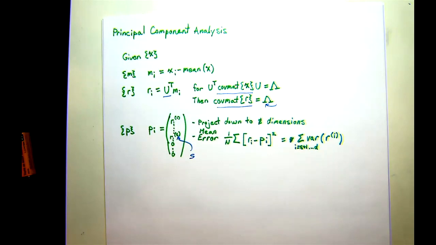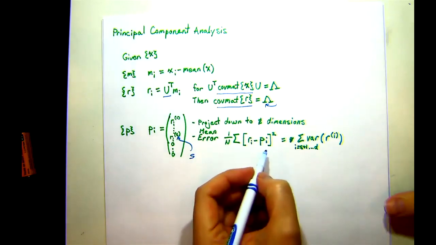If we're selecting that s based on the size of the variance, a really small variance means the values there are all really small, because we know they're zero mean. So by projecting them down, replacing them with zeros, we get rid of just some noise, but a very small amount. Generally, this can actually be a positive thing that we'll see later on.